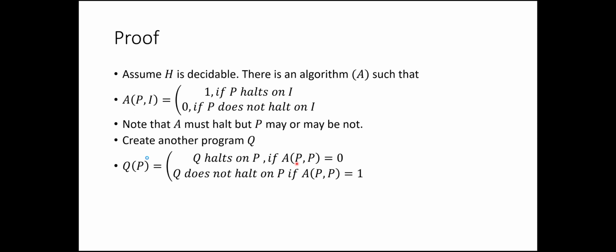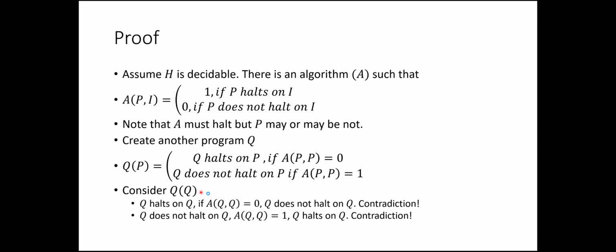If the answer A(P,P) is 0, then Q halts on P. So Q's behavior depends on the output of A. If A(P,P) is 1, then Q does not halt on P. So we build Q based on A. Now, P is a binary string, and Q is a program we created, also a binary string, so we can put Q as an input to itself.